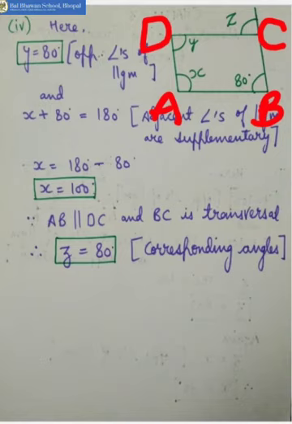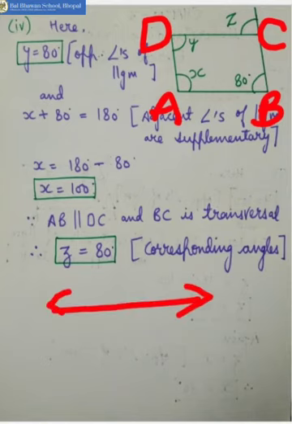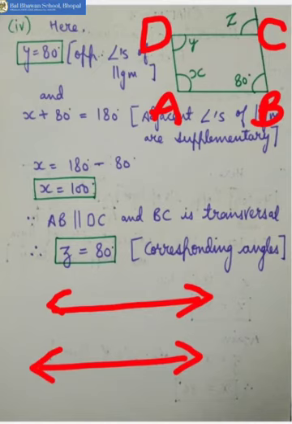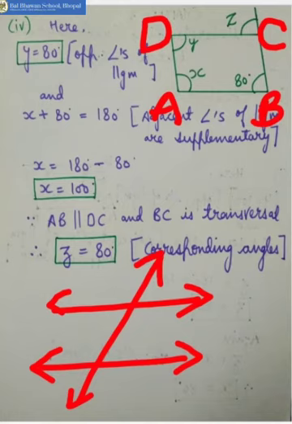Now we are going to use a property of parallel lines and transversal. In your previous class in 7th standard, your teachers taught you the concept of parallel lines and the transversal. Transversal is a line which intersects two parallel lines at two different points.